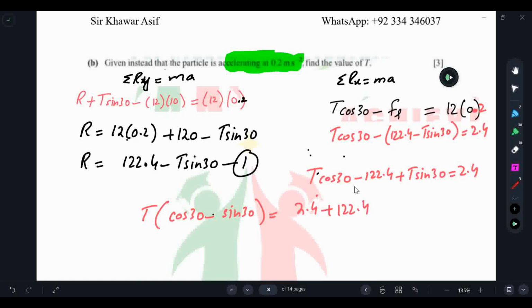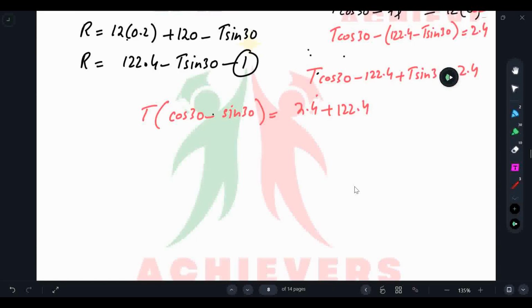Now if we calculate the final answer, we will get T equal to (2.4 plus 122.4) whole divided by (cos 30 plus sin 30). So T will be equal to, let's see the answer. We can use the calculator.